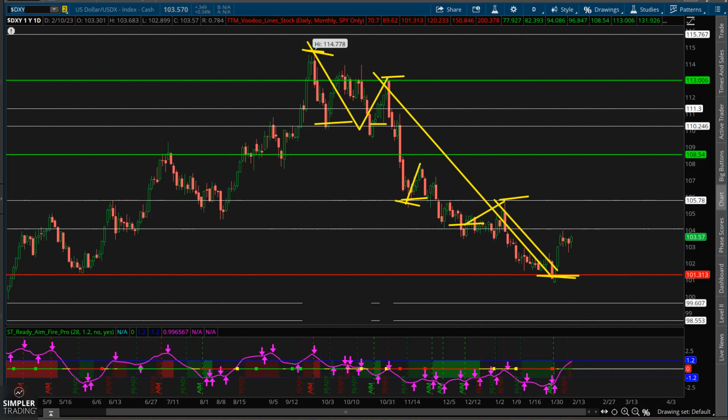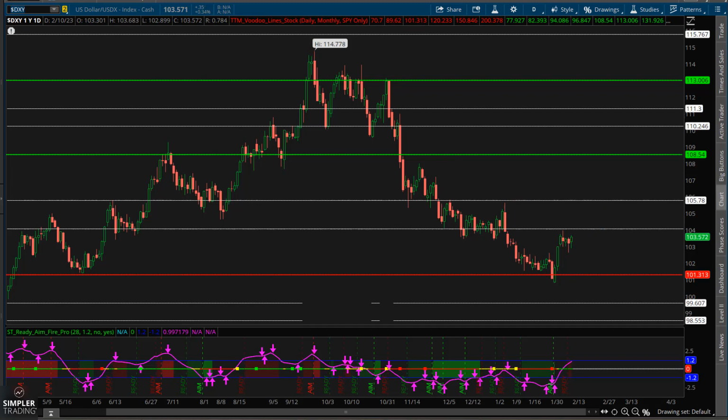So look, if we want to get a gauge of what's going on here in the dollar index, we just need to watch for these snow lines and see how we behave. While it's totally reasonable to get a little pullback here from the 104 snow line, if we work our way above there, then that will continue to put short-term pressure on anything denominated in US dollars.